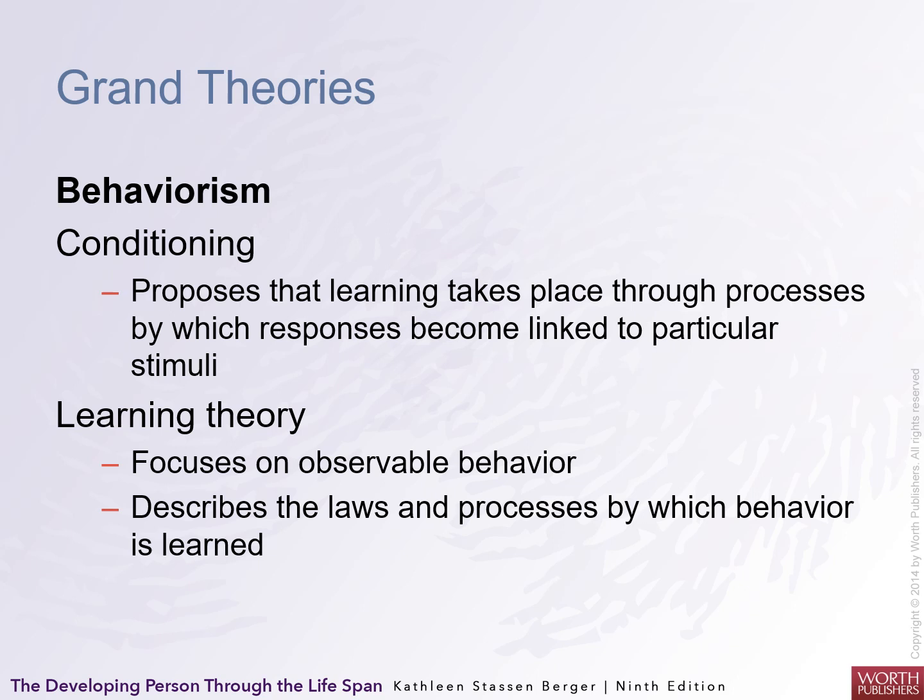You don't have to know that this is going on, which is different than the third grand theory we're going to talk about in a minute. It focuses on observable behavior and describes the laws and processes by which behavior is learned. Learning theory, by the way, is far more scientific than psychoanalytic because it's actually testable, whereas psychodynamics is not.